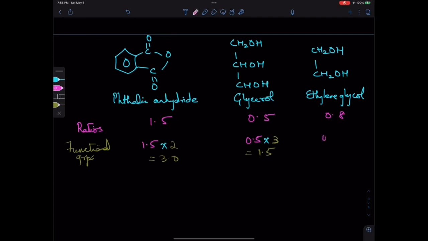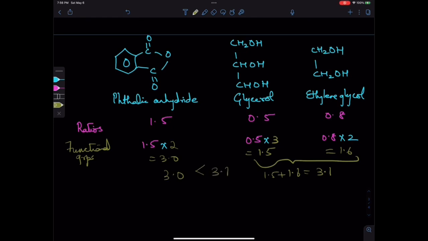And ethylene glycol is 0.8 times 2, which is 1.6. So we have a total hydroxyl group quantity of 1.5 plus 1.6, which is 3.1, which is greater than the quantity of carboxyl groups, which is 3.0.